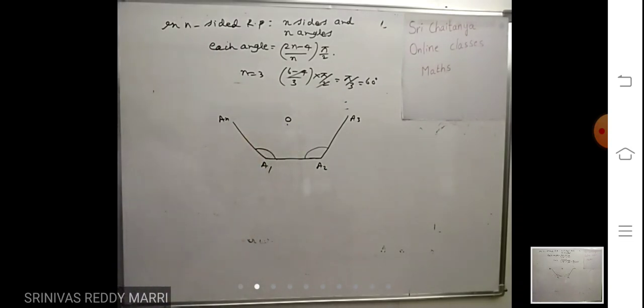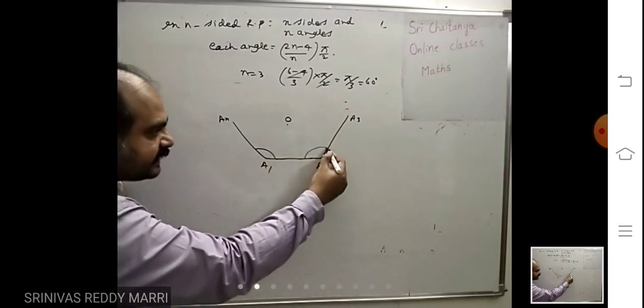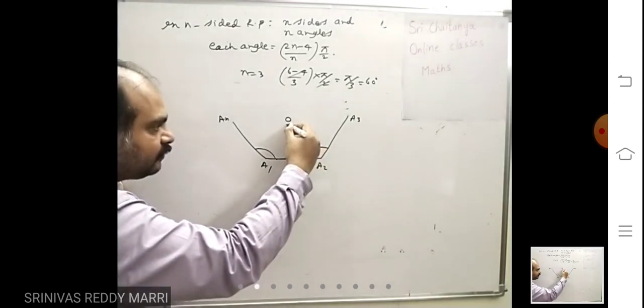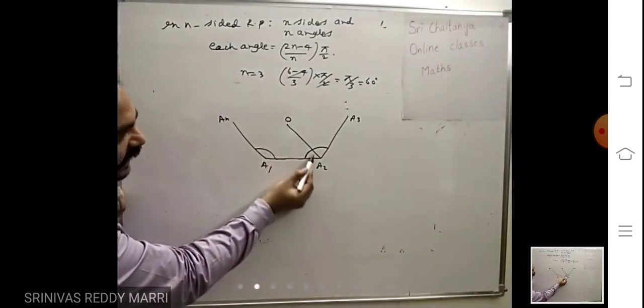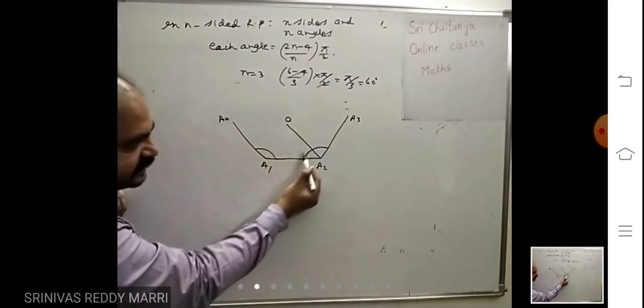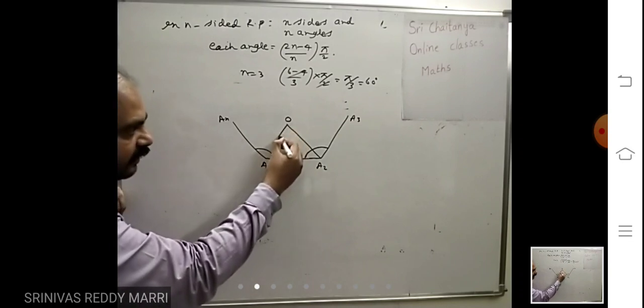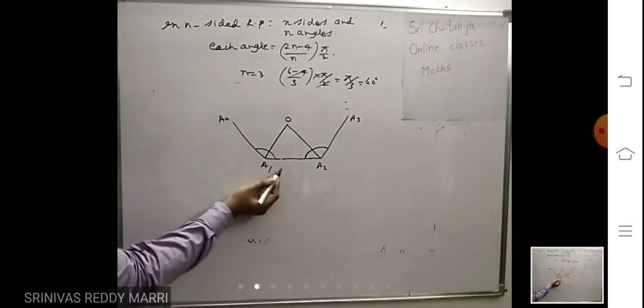What is that center? This angle is there. I am connecting O to A2. That means this is the angular bisector of this angle. And I am connecting O to A1. This is the angular bisector of this angle.